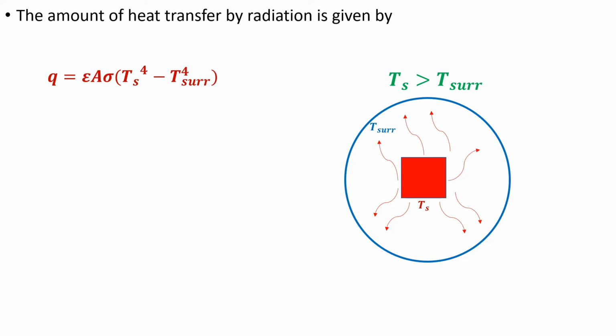If we put the value of temperature in degree centigrade rather than Kelvin, then our result will be full of error. So in order to eliminate those errors, we should put the value of temperature in Kelvin scale. For radiation, it is mandatory to put the value in Kelvin scale.